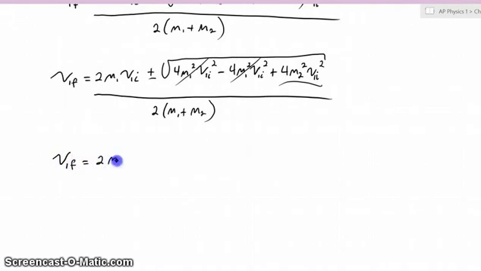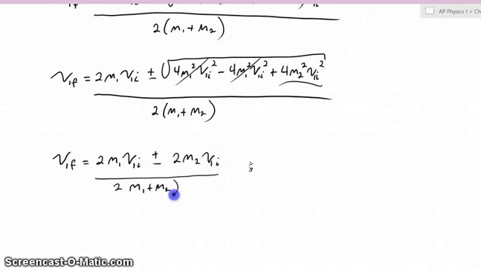So we're going to have 2m1 v1 initial plus or minus, when we take the square root of this last remaining term, we're going to get 2m2 v1 initial, all divided by 2 times m1 plus m2.